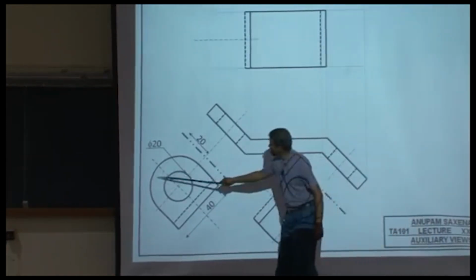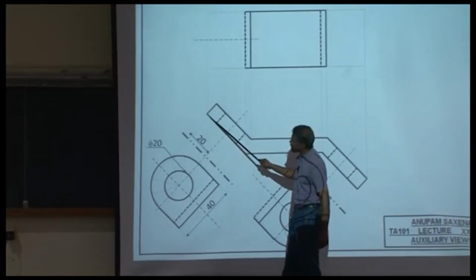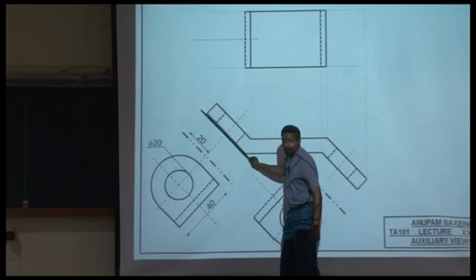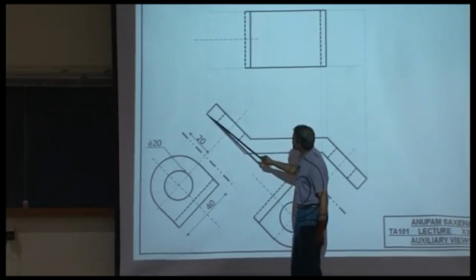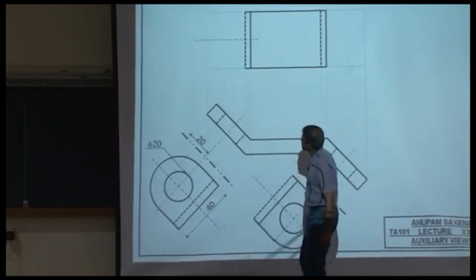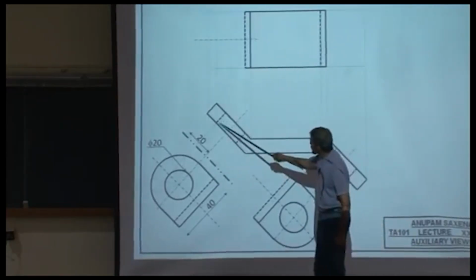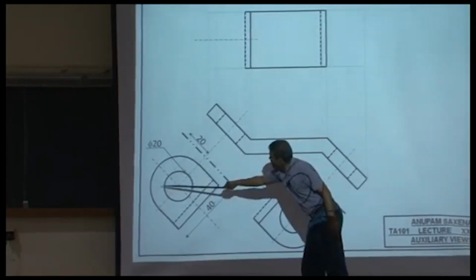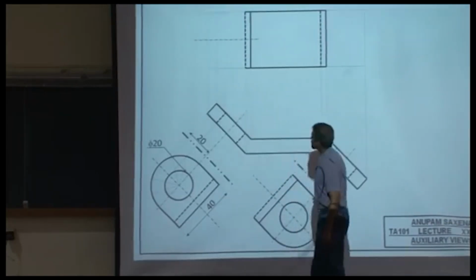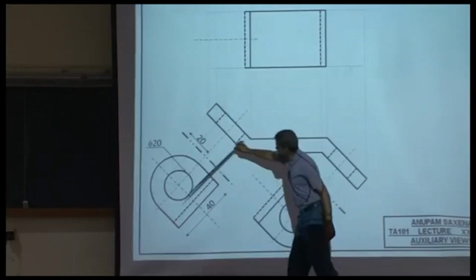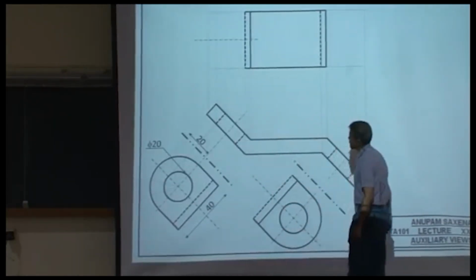So these two points get transferred over here. Let's first look at the bottom face. From here, transfer them up, right there. Second thing, transfer these two points over there. Likewise, the center line up there.